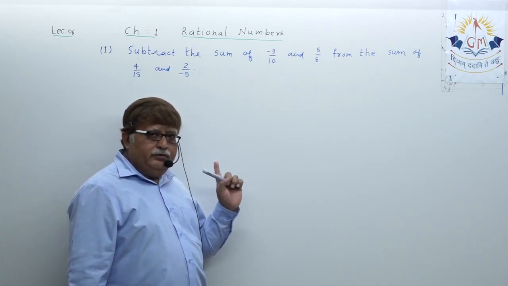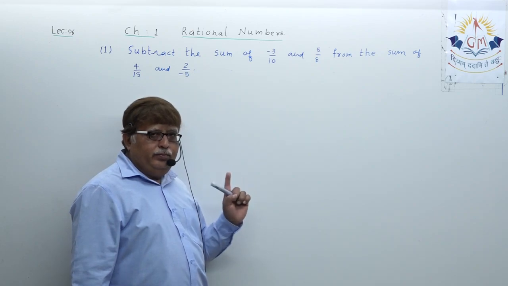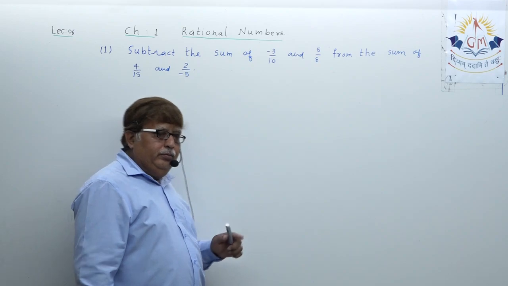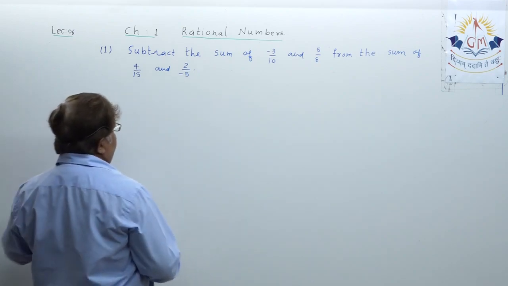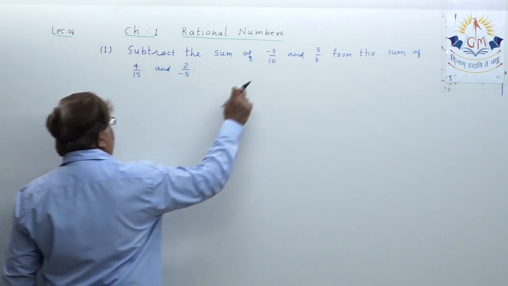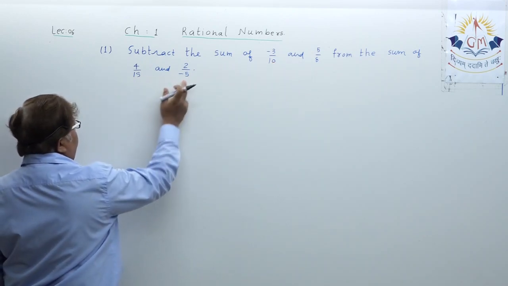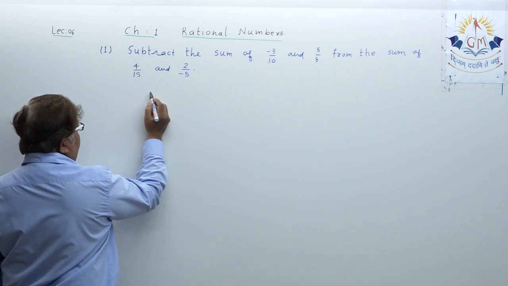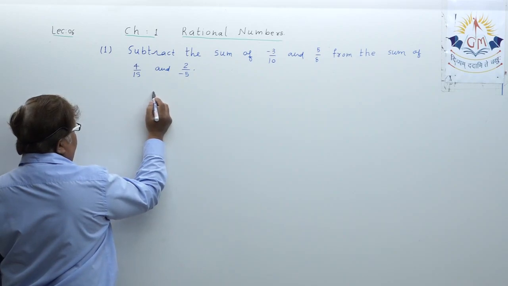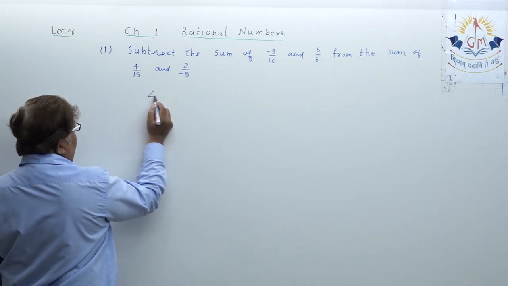Then as I go on explaining the same example, please concentrate. We want to subtract the sum of these two from the sum of these two. So this way I am writing. This is the solution we are doing.